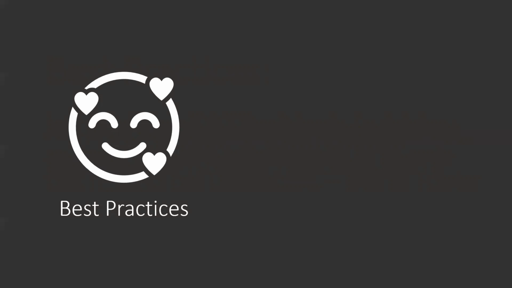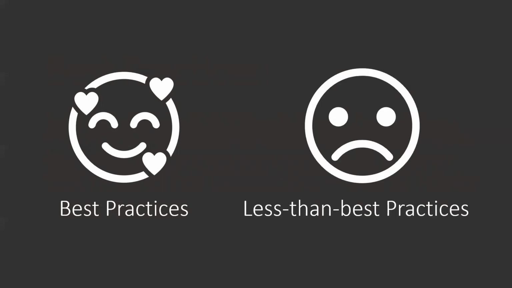Those are the things that we can do to make our code easy to use for ourselves and others with this smiley face emoji. And we're going to denote our less than best practices, which are those sorts of things that we all do, but we would like to maybe start to grow out of with this frowny face emoji.